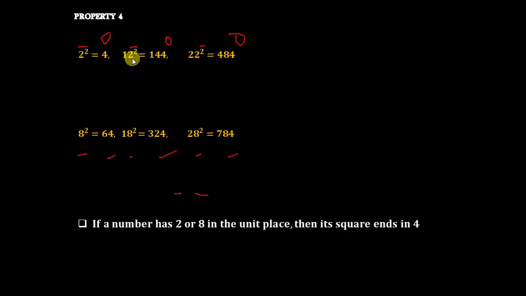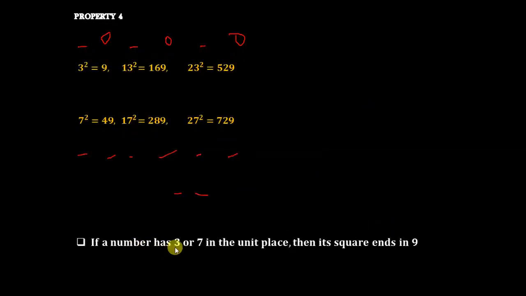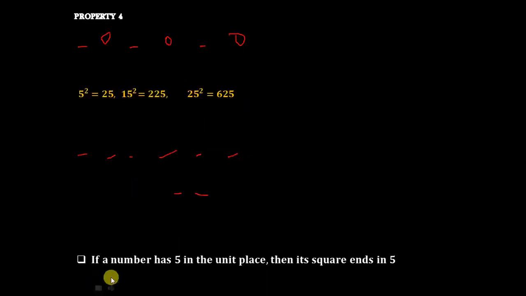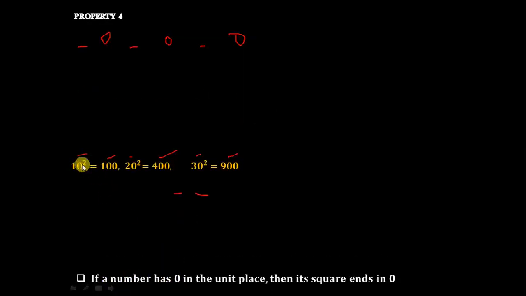If a number has 3 or 7 in its unit place, then its square ends in 9. If a number has 5 in its unit place, then its square ends in 5. If a number has 0 in its unit place, then its square ends in 0.